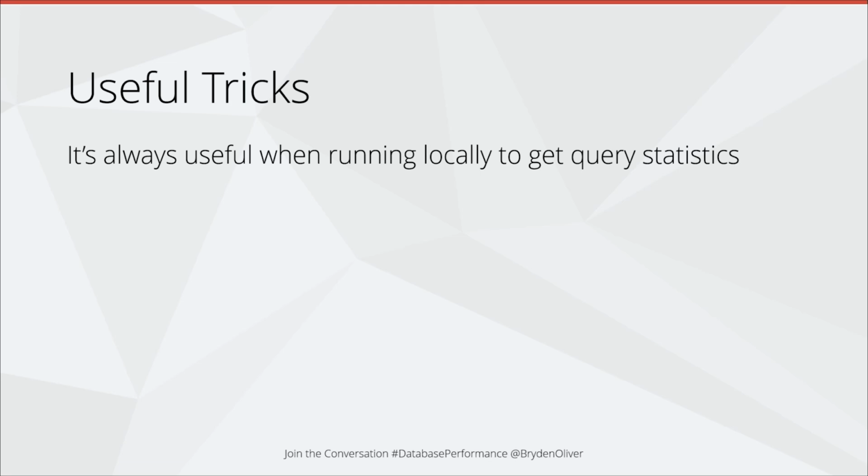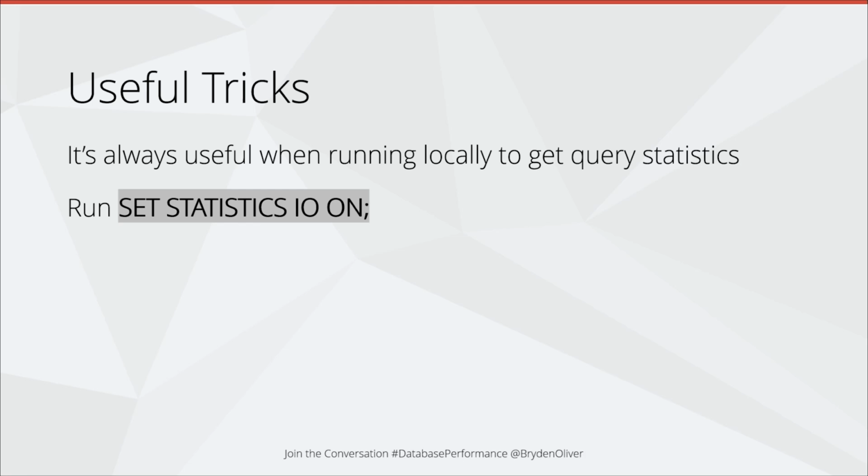Okay, so let's start with first a quick little useful trick. I'm talking with respect to SQL Server today, but everything here, there is an equivalent in all of the major relational database engines. So in SQL Server, if you want to get statistics on your query and know how much work it's doing, you can add this before you run the query.